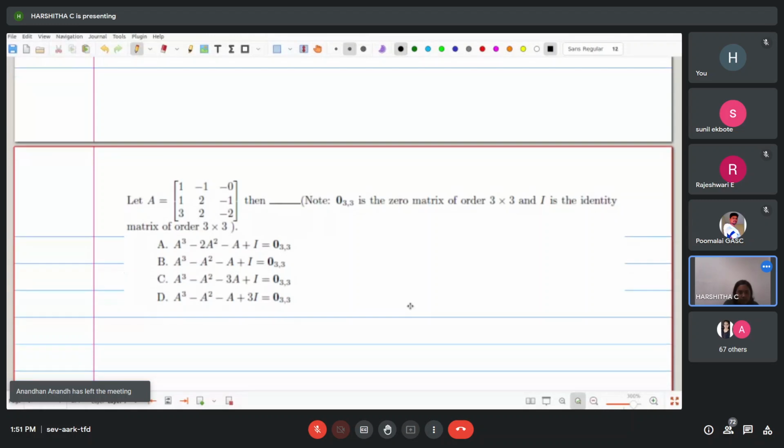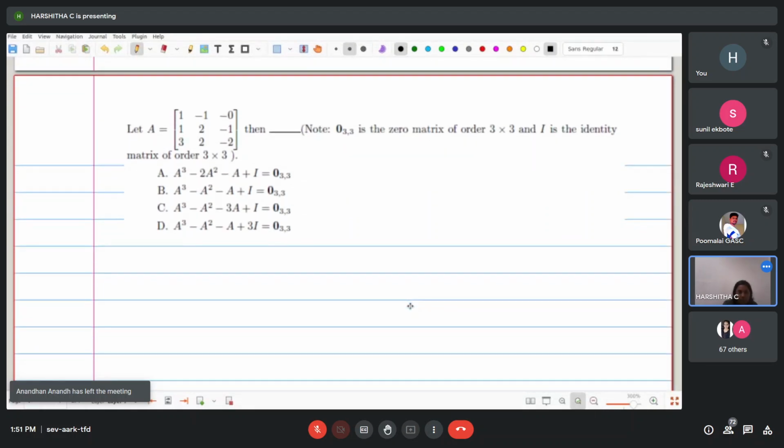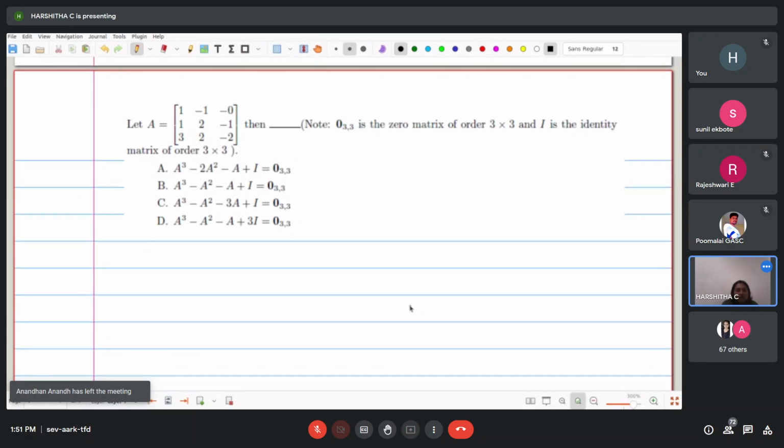So let's move on. We have a matrix A, and you have four equations satisfied by A, and you want to see which of these equations holds true for the matrix A. What is to be found out?